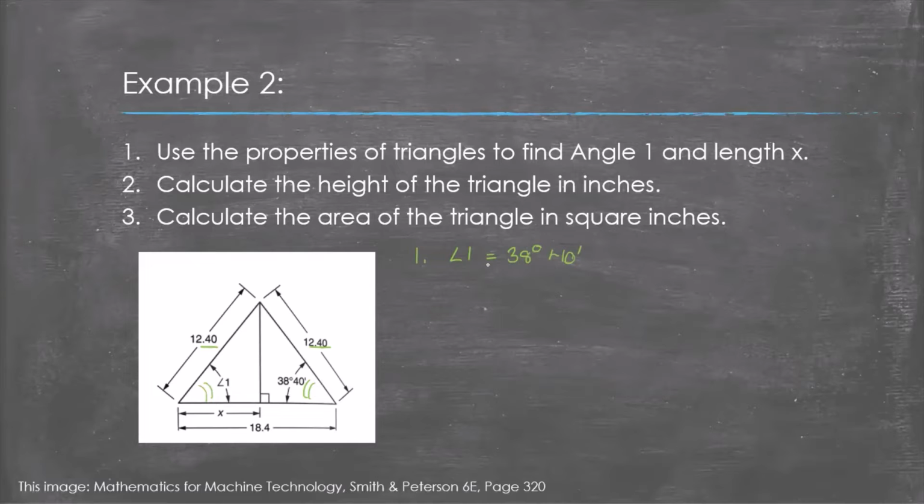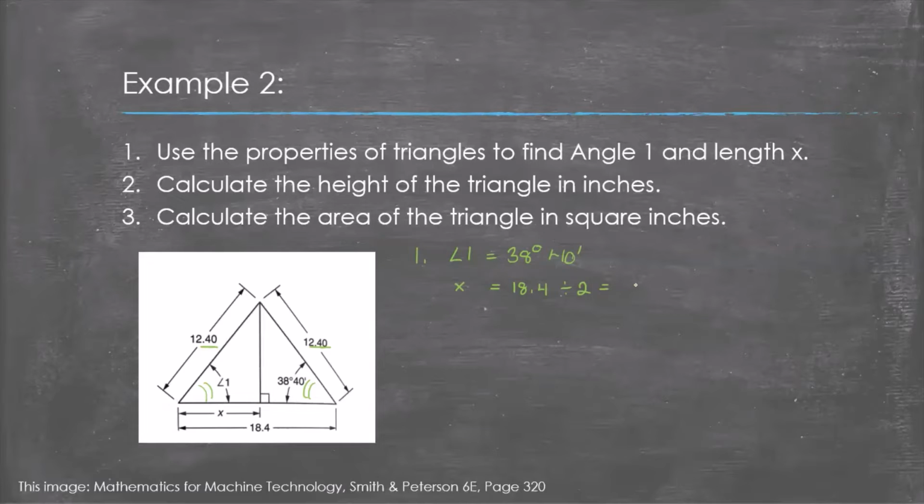It's symmetrical. Because it's symmetrical, that also means that x is equal to 18.4 divided by 2. Just split it in half. If we didn't know these two sides were the same length, we could not do that. But because they're the same length and it's a symmetrical isosceles triangle, we can just divide by 2 to get x. That's the distance from the edge to the height, using the base.